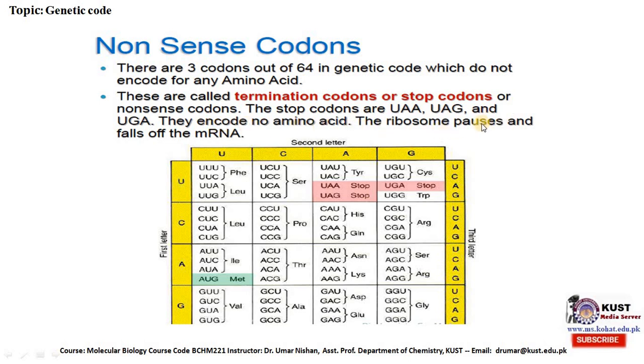The ribosome pauses and falls off the messenger RNA when it encounters the stop codon. Here you can see the UAA, UAG, and UGA. They are stop codons. So these stop codons don't code for any amino acid. It results in the pausing of the ribosome and it falls off the messenger RNA.